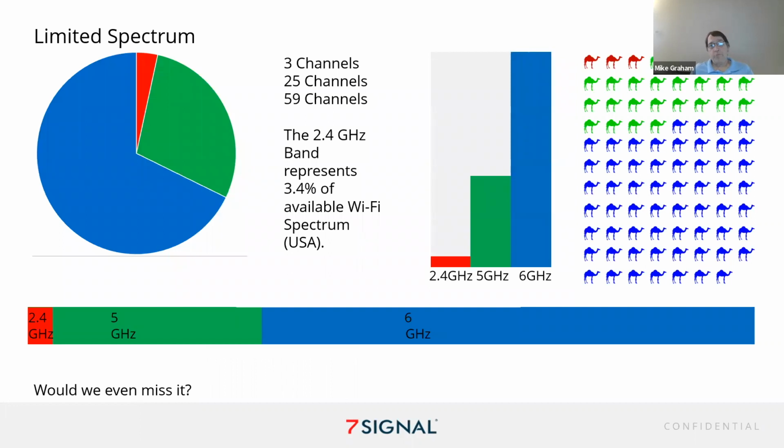And then finally, the limited spectrum. 3 channels, non-overlapping on 2.4, at least in the US. 25 in 5 gig, 59 in 6. So it's only 3.4%. I did some charts laid out.